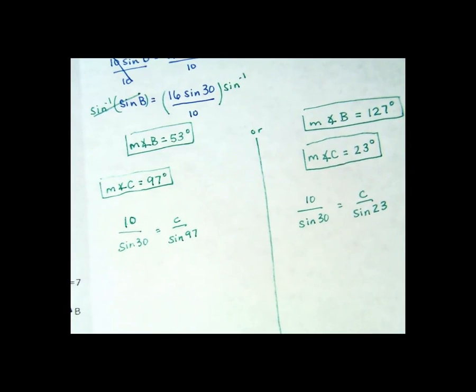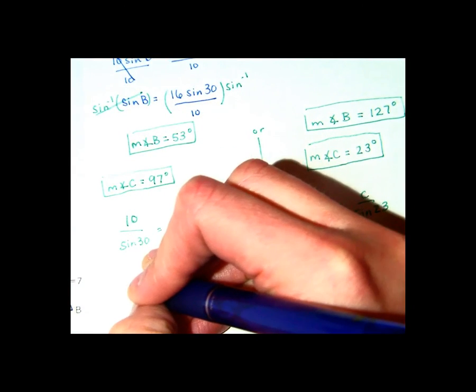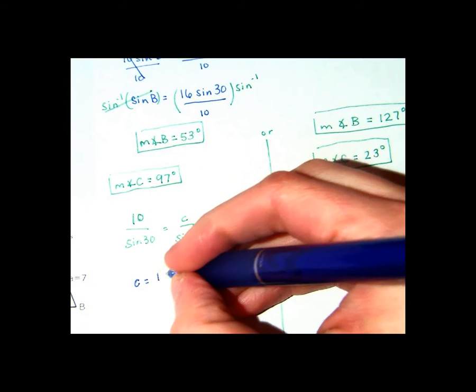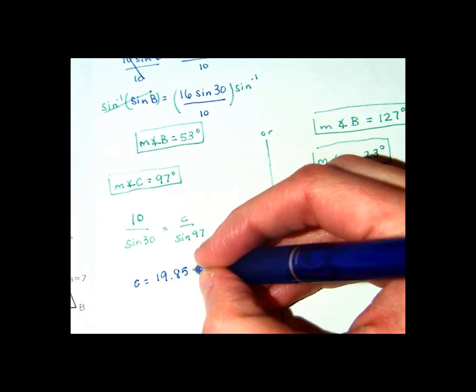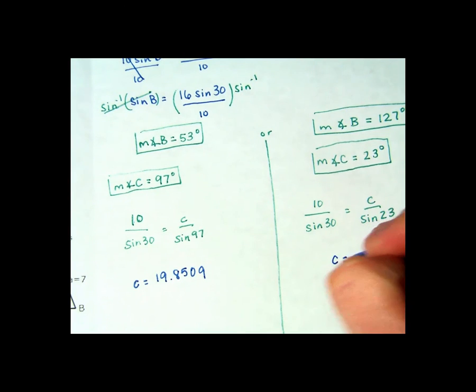You should have cross multiplied. What did you get for C when the measure of angle C was 97 degrees? 8509. Okay. How about C when the measure of angle C was 23 degrees?